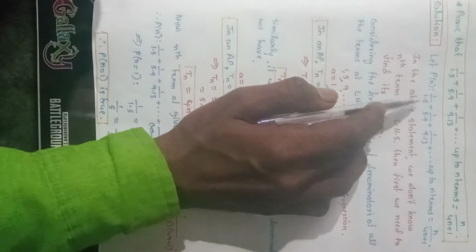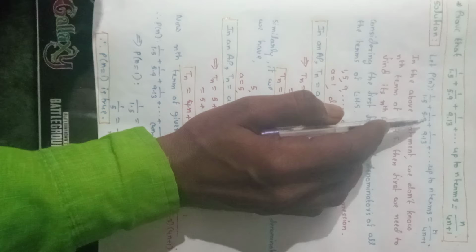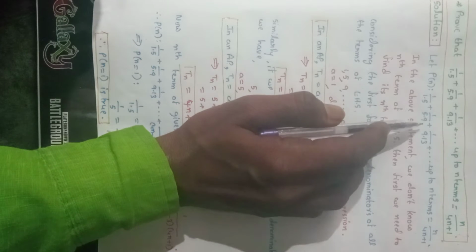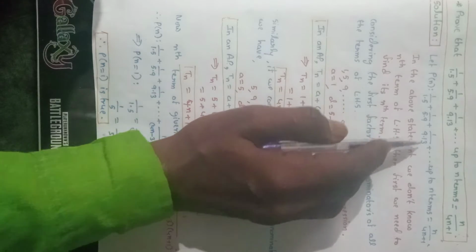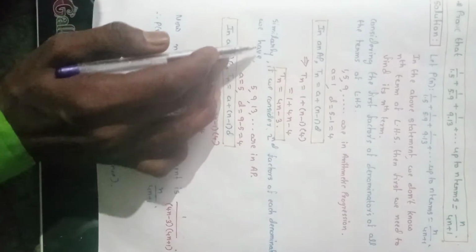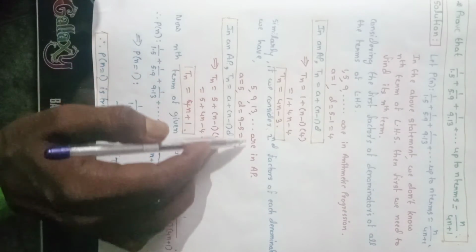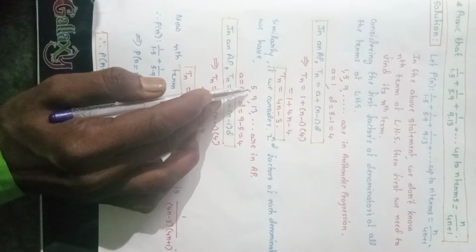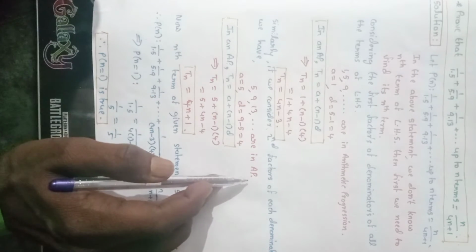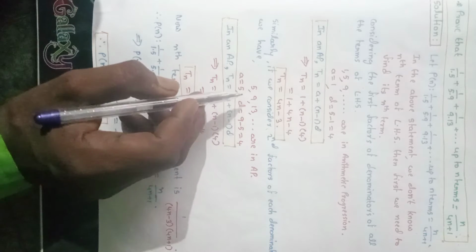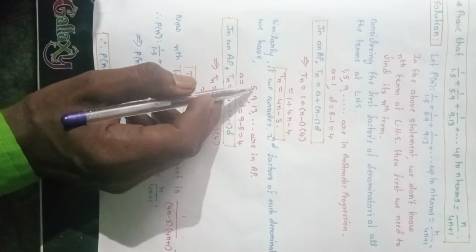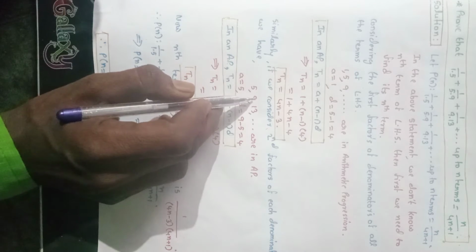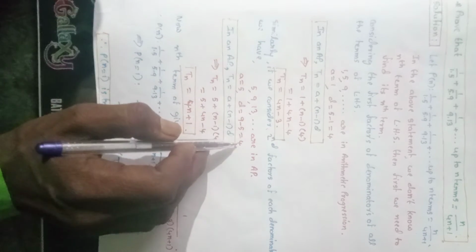Similarly, we consider the second factors of all the denominators of the given statement. Here 5, 9, 13 are the second factors, and again these second factors are also in arithmetic progression. So the first term a is 5, and the common difference is t2 minus t1, 9 minus 5, which is 4.